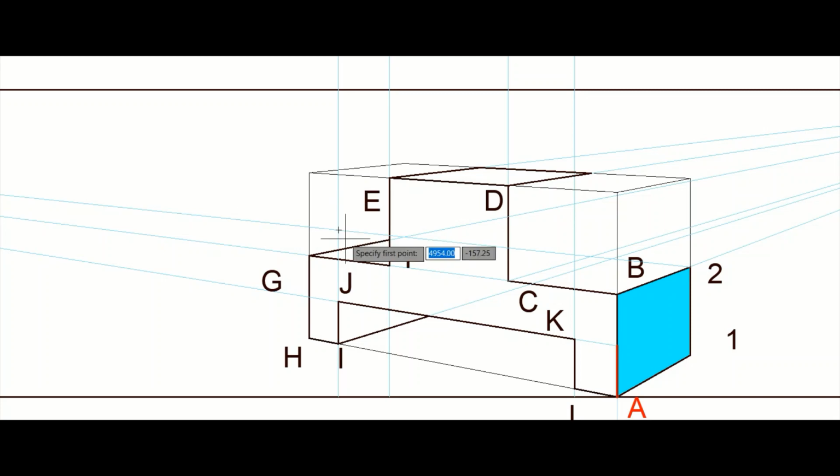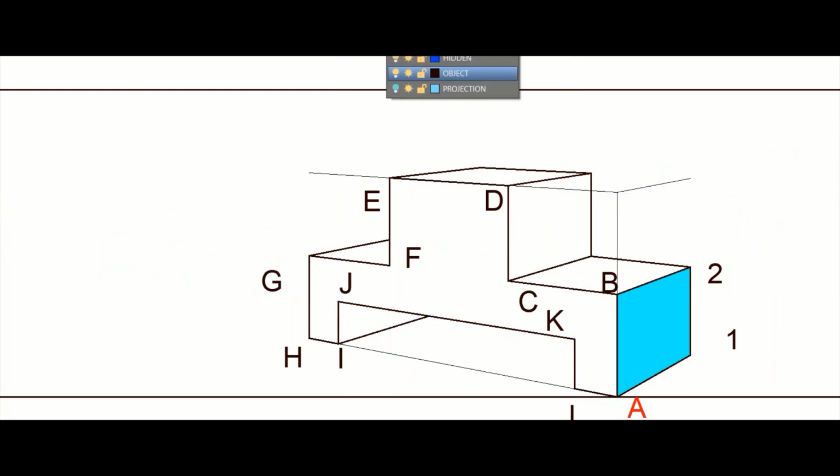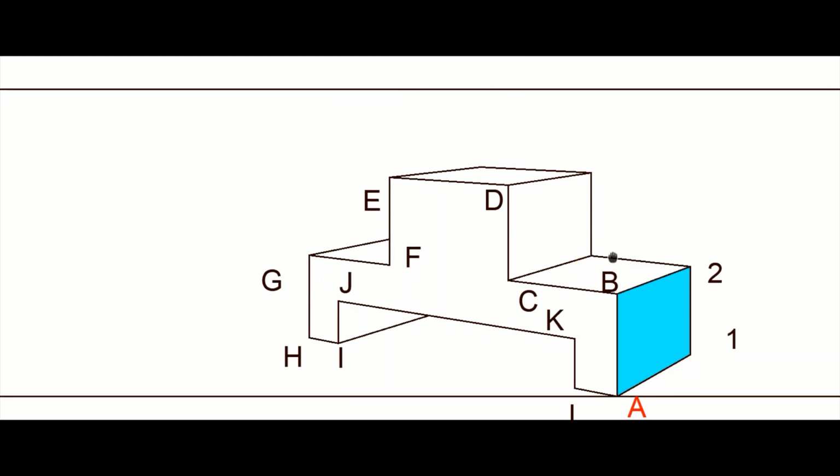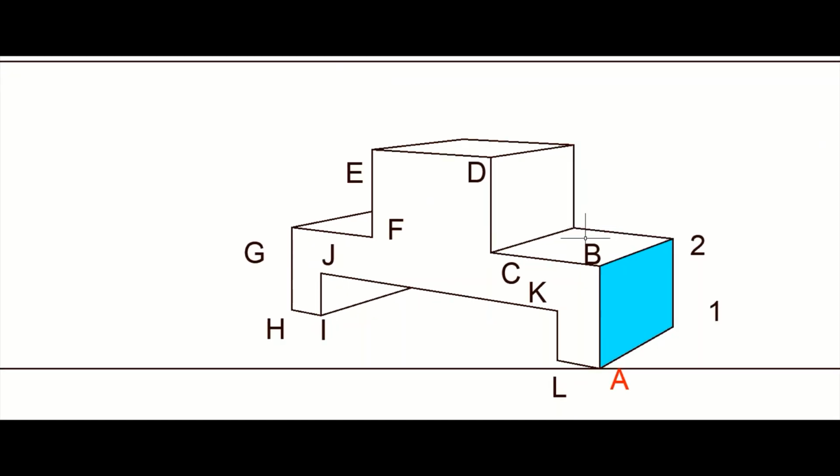Then from C I can darken this edge here, and if I connect it, these 2 points should lie in a vertical line. So finally I connect this point here with 2, and this point here is B, right? And we can also make the other layers invisible to get the final look at the perspective view of the given object.